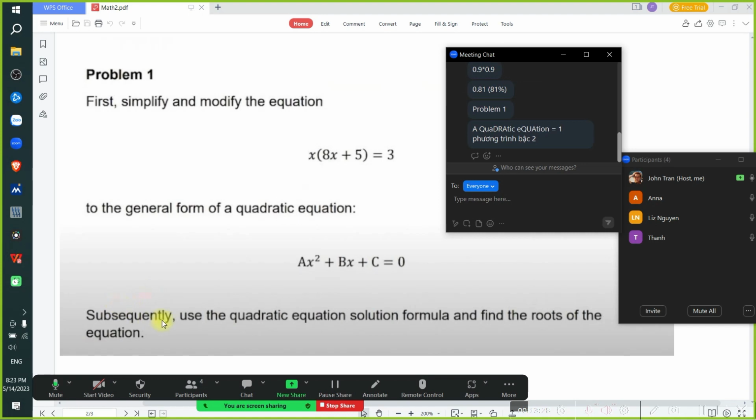And then subsequently, sau đó là sao? Use the quadratic equation solution formula and find the roots of the equation. Tìm những nghiệm của phương trình này.